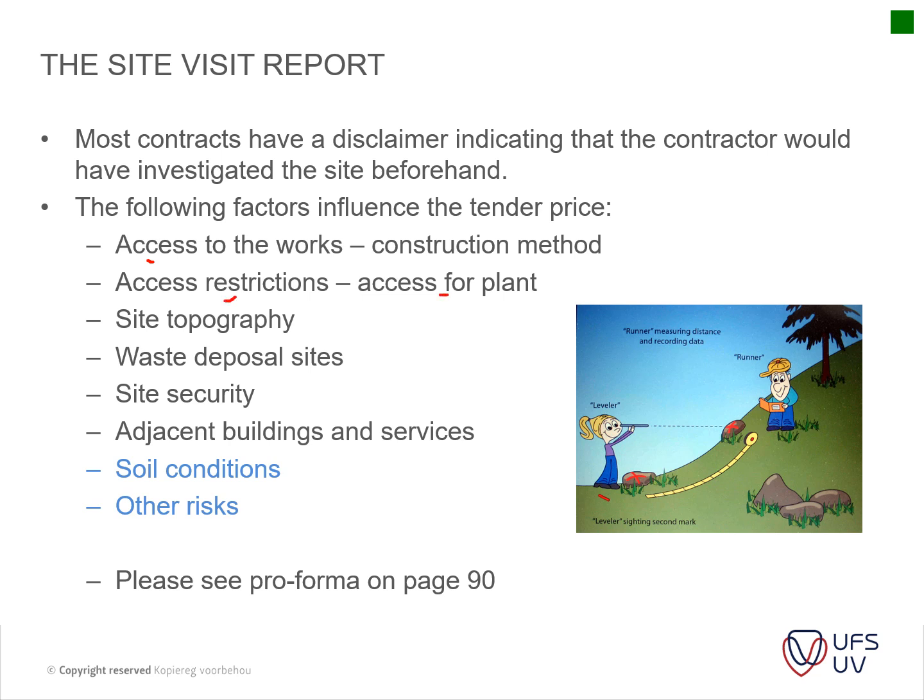Will plant actually be able to get into the site, or do you have to get a crane to lift the plant into the site, which will add a lot of cost to your project? How does the topography look? Is it quite a slopey site? Waste disposal. Is there a dump site nearby where you can take your dump material? Are there supplies for your material nearby?